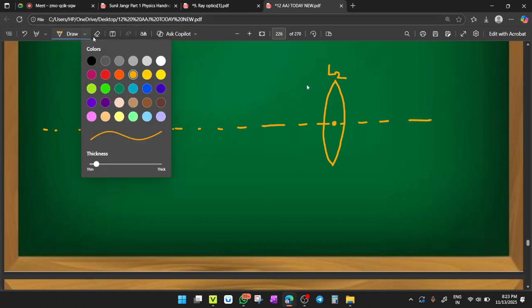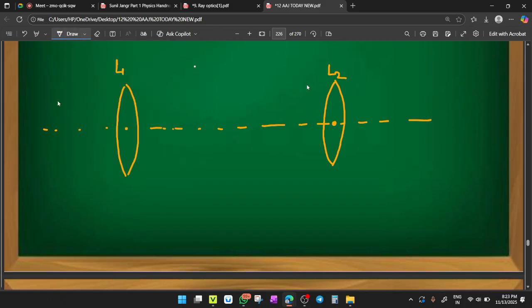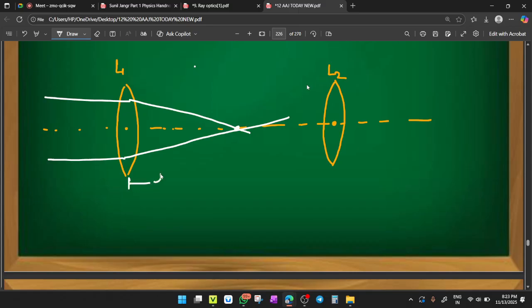Now when the rays are coming for the first lens, it works like this, focusing the rays at a large distance. So this one is the focus. And for the second lens, when the rays are coming, it focuses at a very short distance.